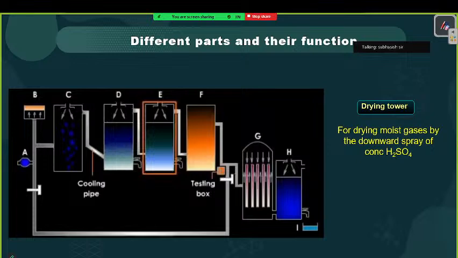So concentrated sulfuric acid absorbs any moisture present in the gases. Gas means sulfur dioxide. So concentrated sulfuric acid readily removes the moisture from the gas, and now this sulfur dioxide gas comes to the next step, that is F.